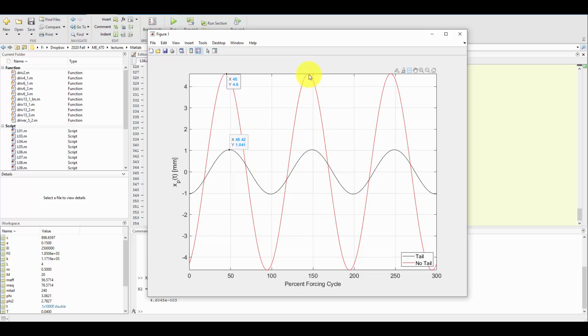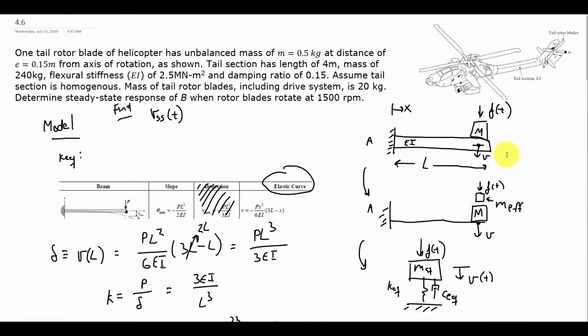Because if we're making a decision, do we have to make a repair of this rotor because possibly the amplitude is getting too high for the tail, then ignoring the mass of the tail section, the amplitude we're predicting is much, much higher, and we might make a recommendation to take it out of service, do a repair, maybe prematurely, before this really would start to be a problem.